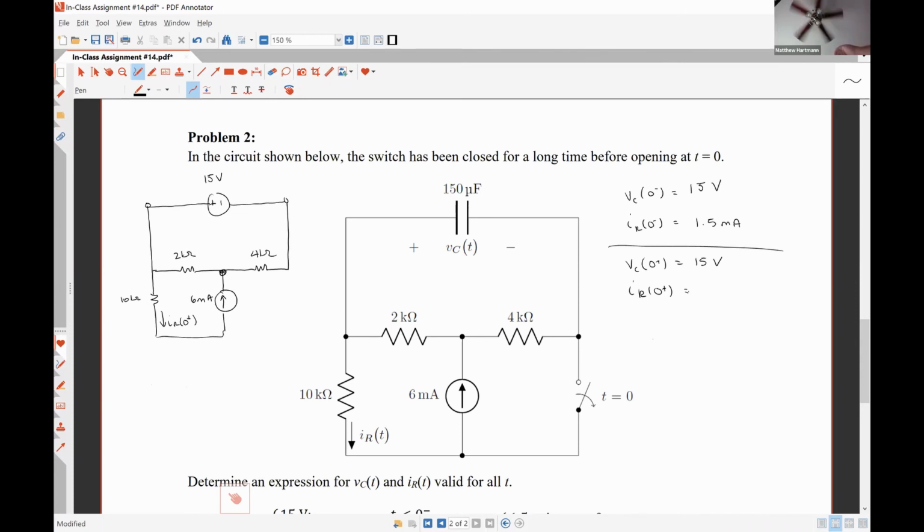How are the 10 kilo ohm resistor and the 6 milliamp source electrically connected together? They're in series, so it's going to be the same current across it. So yeah, if the 10 kilo ohm resistor and the 6 milliamp source are in series, that means that they have to have the same current flowing through them, which means IR at 0 plus needs to be 6 milliamps. Does that make sense? Yes, sir.